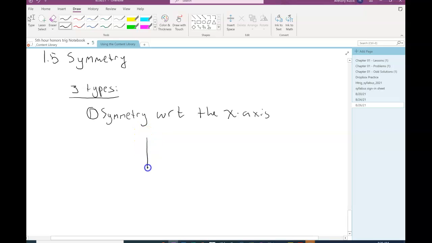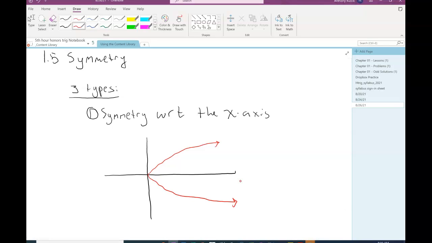So let's just look at an example of something that's symmetric with respect to the x-axis. I'm just going to sketch this in. Symmetry with respect to the x-axis means that if I take the half that's above the x-axis and I reflect it across the x-axis, it should lay right on top of the part of the graph that's below the x-axis. So really what this means is that if I have the point (a, b), I also have to have the point (a, -b).